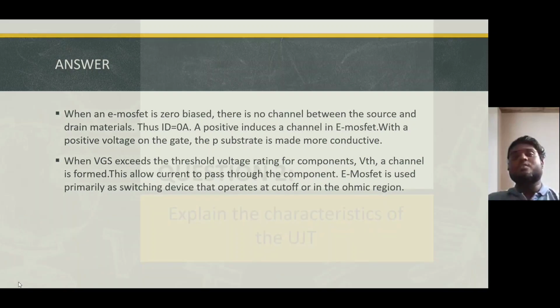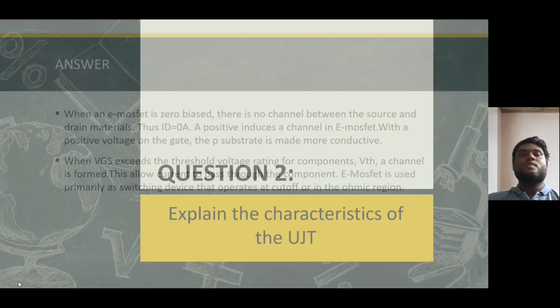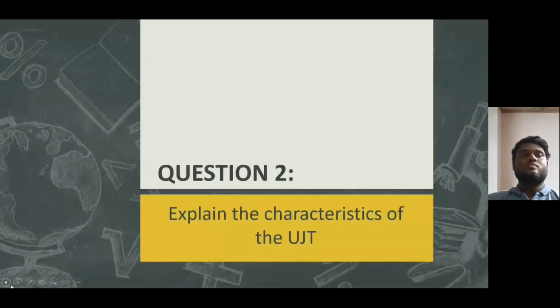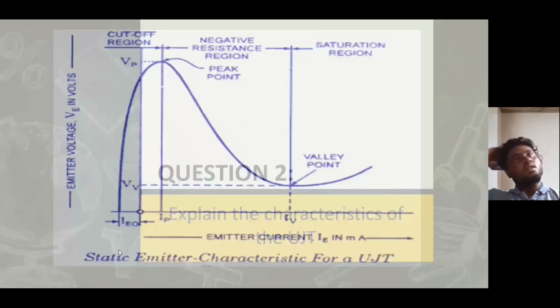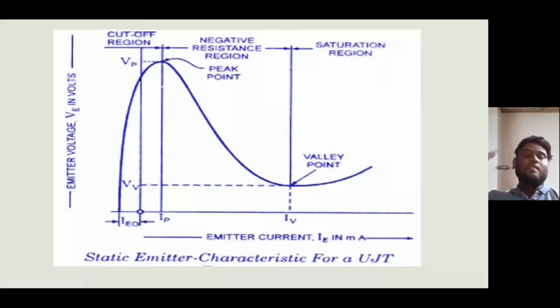Question 2 is to explain the characteristic of the UJT. Here is the graph of the UJT, which shows the static emitter characteristic for the UJT.